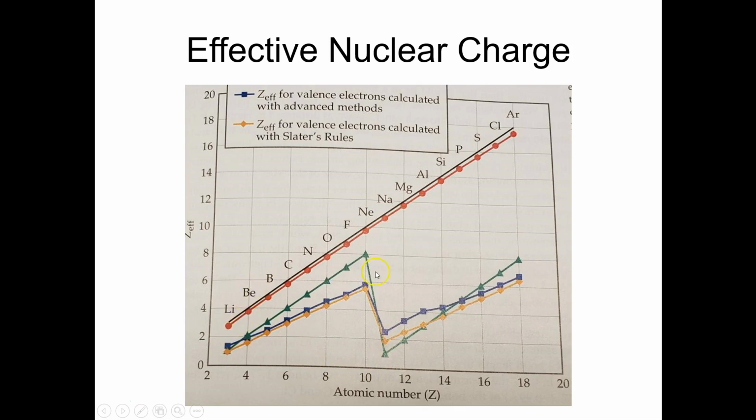Everything in group 2, whether it's beryllium or magnesium, experiences an effective nuclear charge of 2, etc. The truth is that reality is a little more nuanced, but you can see that it's certainly true that as you go across a period, effective nuclear charge increases, and that is because core electrons are better at screening valence electrons from the nucleus than fellow valence electrons are.